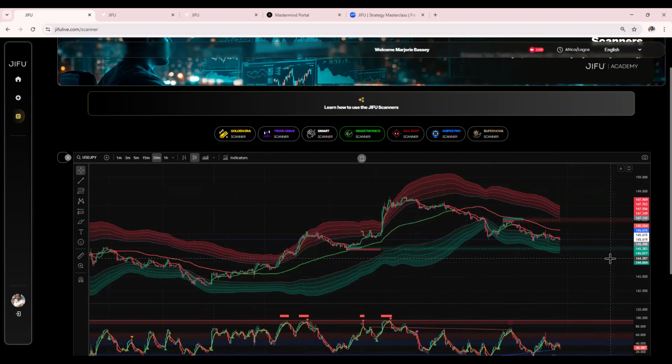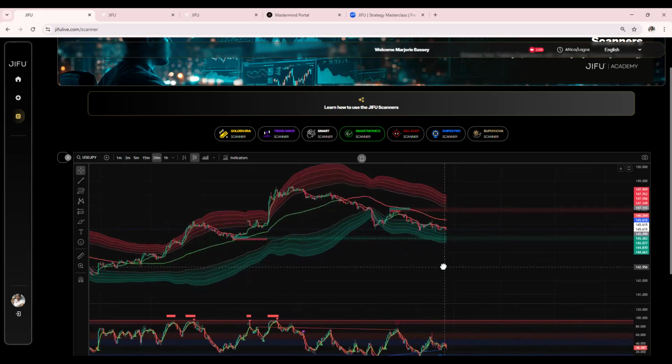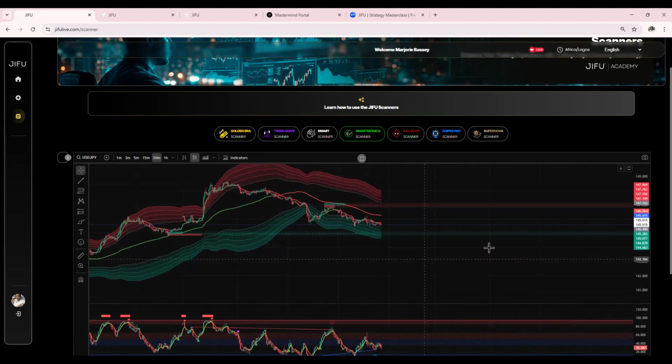So now the trade ideas, if it's a buy, you are buying at a demand zone. Where is a demand zone? Demand zones in Smartmonics, you see them on the scanner, this green zone here. This green zone here is a demand zone, and then this red zone is a supply zone. So when Smartmonics is calling a trade idea for a sell, that trade idea is going to be touching this zone.